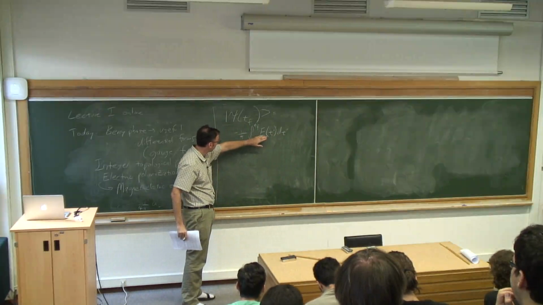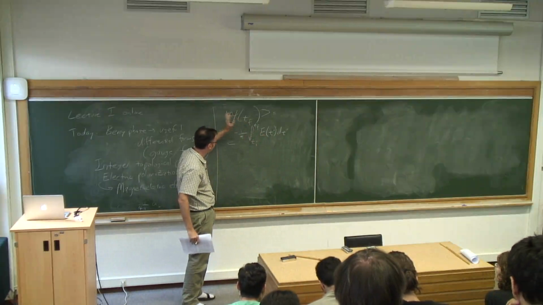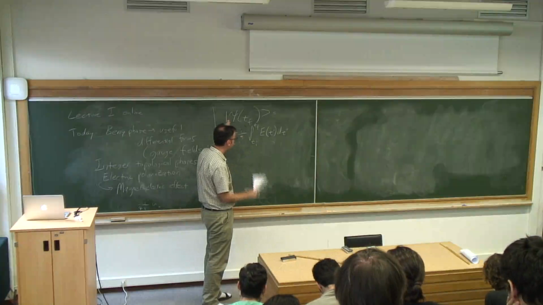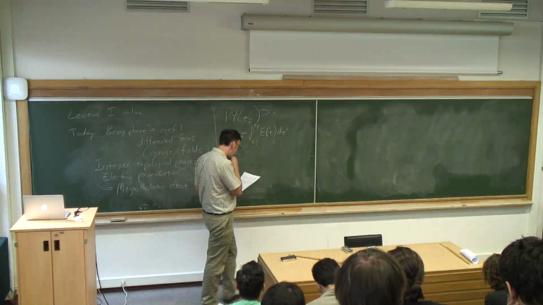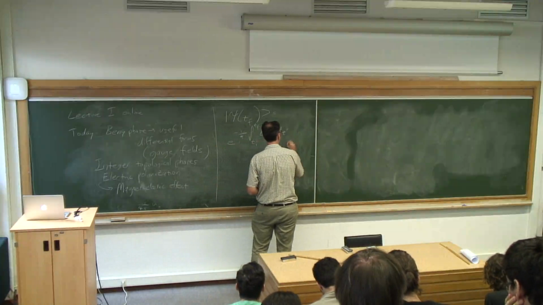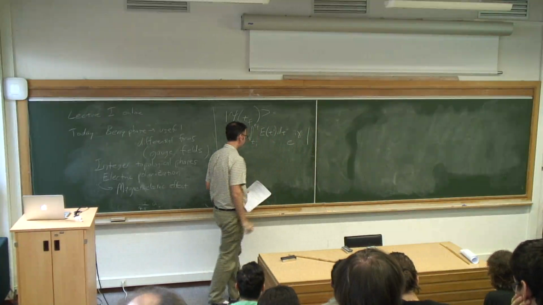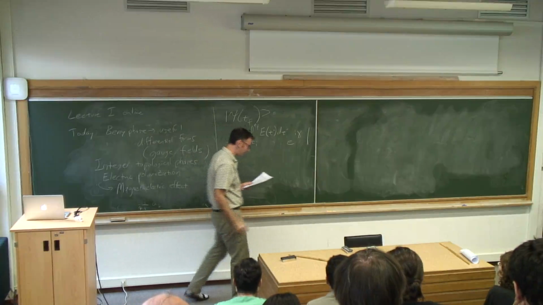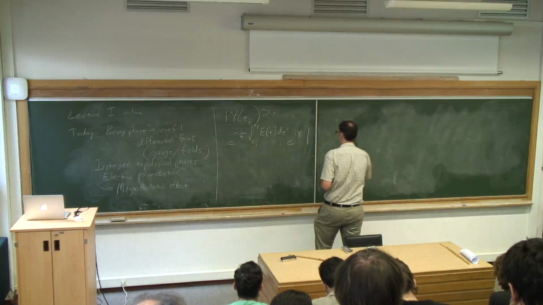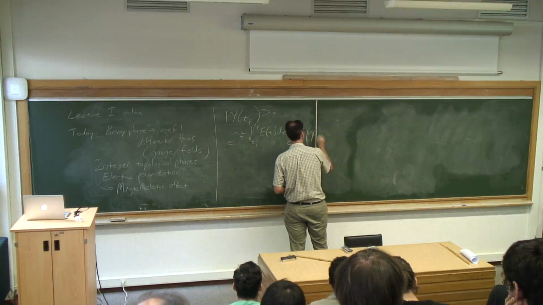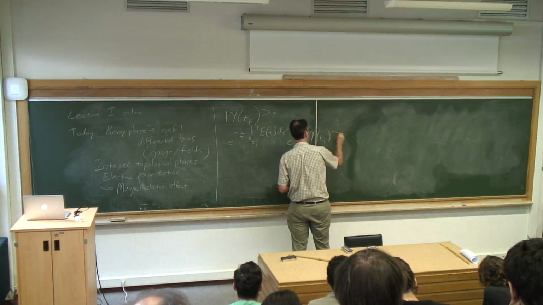Maybe my energy is a function of time, but again, I'm just focusing on one non-degenerate level, and all the other levels are staying some finite energy away. And then the interesting part is the second part, e to the i gamma. And all of this phase multiplies the initial wave function.